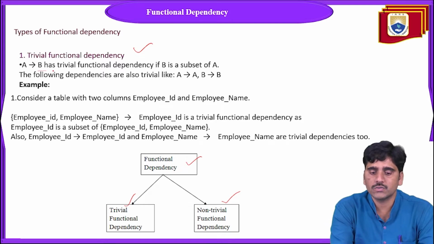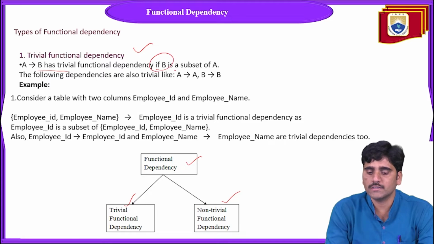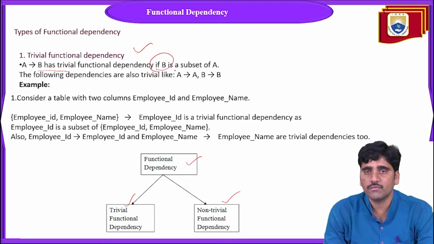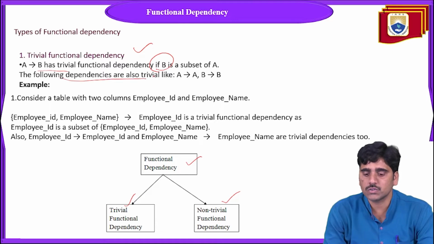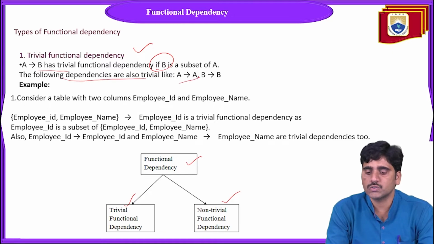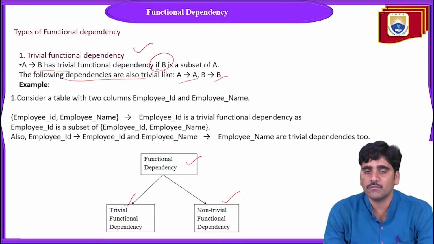A tends to B is a trivial functional dependency if B is a subset of A. If B is a subset of A, the following dependencies are also trivial: A tends to A or B tends to B. That means if the second attribute is a subset of the primary attribute, then it is said to be a trivial functional dependency.